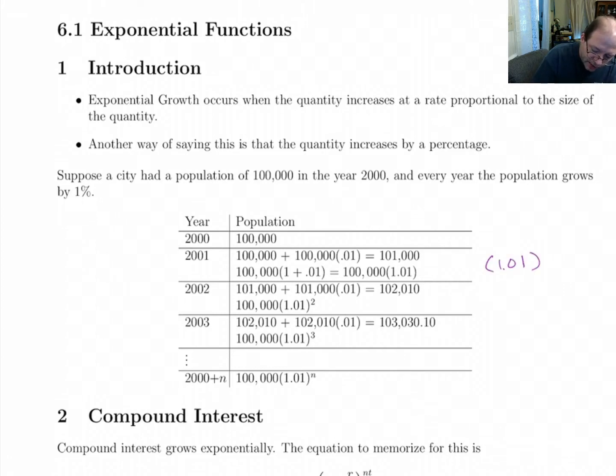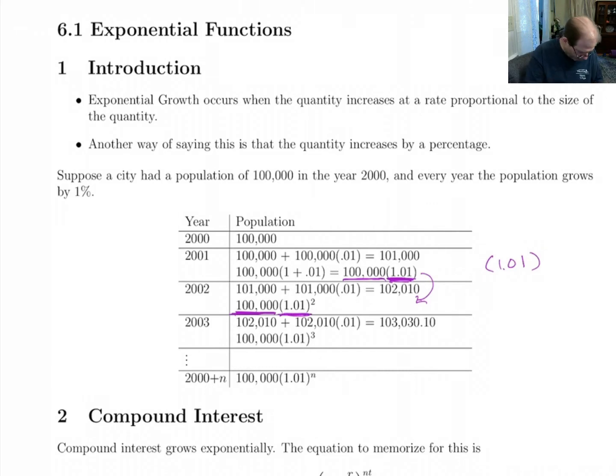So to go from 2000 to 2001, we took that original 100,000 and multiplied it by 1.01. And then we do the same thing again. From here to here, we multiply by 1.01. And so that's the same as taking the original 100,000 and multiplying it by 1.01 twice. And you can see that here.